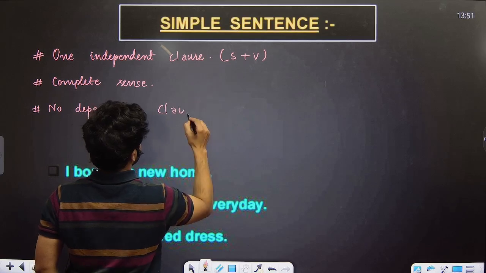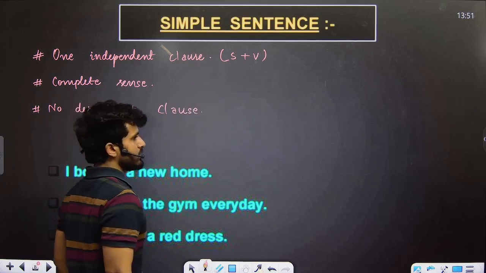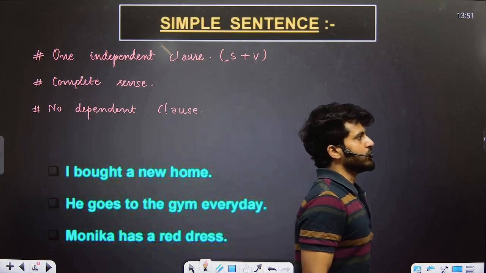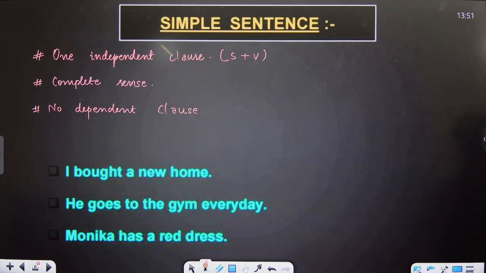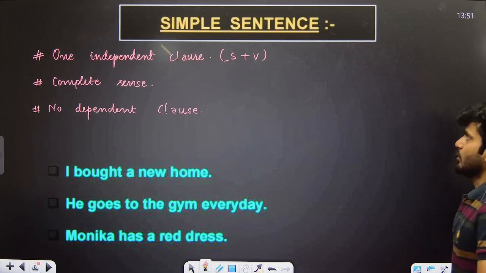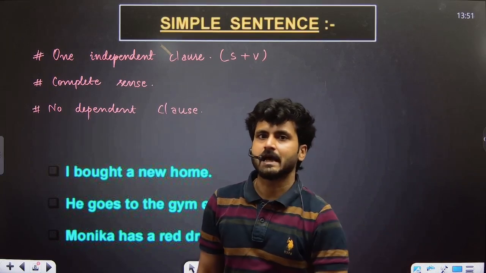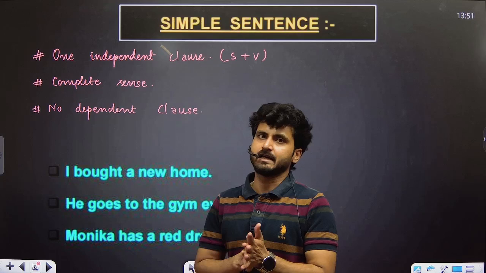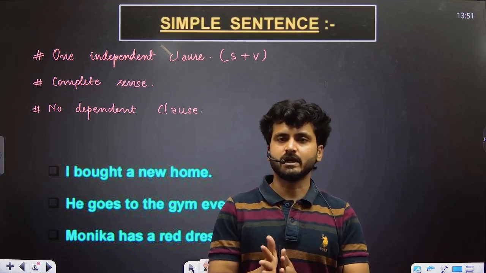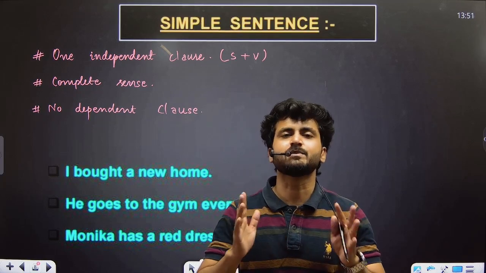So this is the case of simple types of sentences. They will convey the complete sense, and since no dependent clause is there, no sense of a dependent clause will be visible. They are the kind of simple sentences.